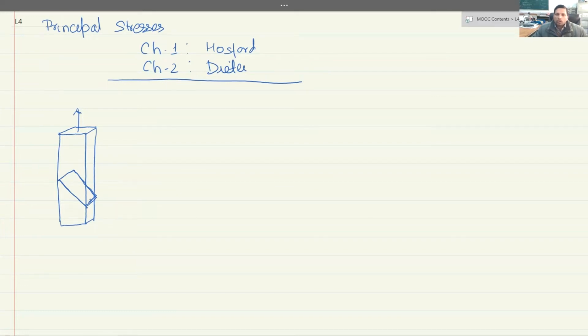We can also work backwards, in the sense that we can start with a condition where both normal stresses and shear stresses are working and find a plane where no shear stresses are acting and only normal stresses are acting. These kinds of stresses are called principal stresses.